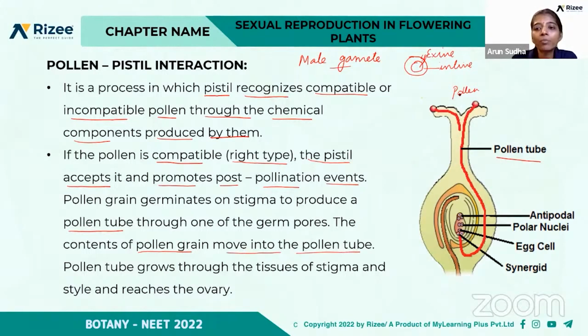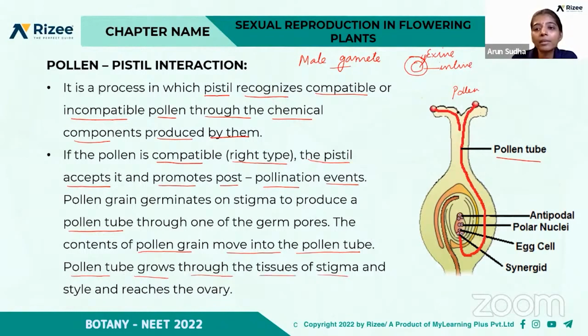So when the pollen sits on the stigma and is compatible, it leads to the formation of the pollen tube. It is formed through the germ pores, and the contents of the pollen grain move into the pollen tube. Okay, so now the pollen tube grows through the tissues of the stigma.